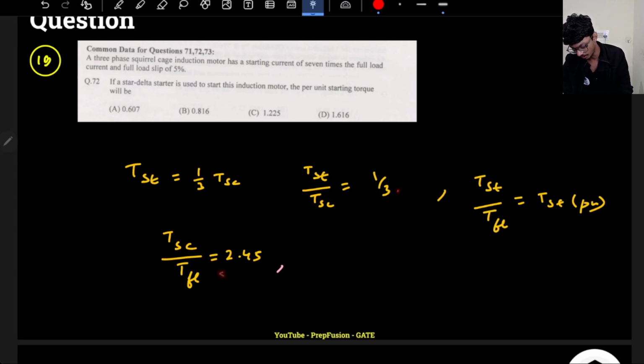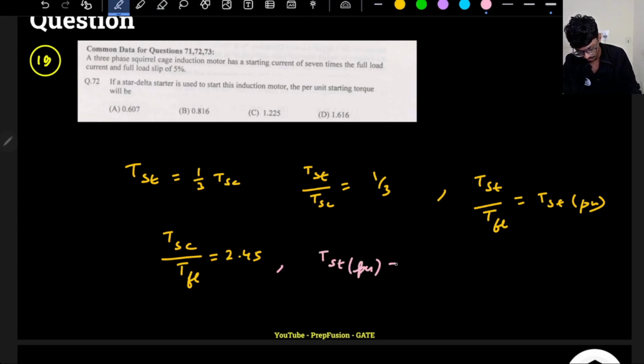So 1/3 into 2.45, so my TST PU will be 0.8167. So your value will be option B. This will be the answer for the second part.